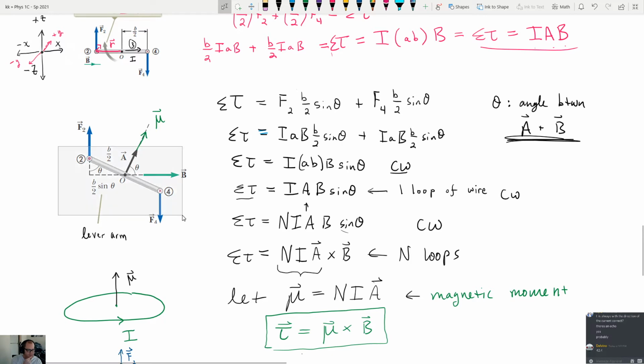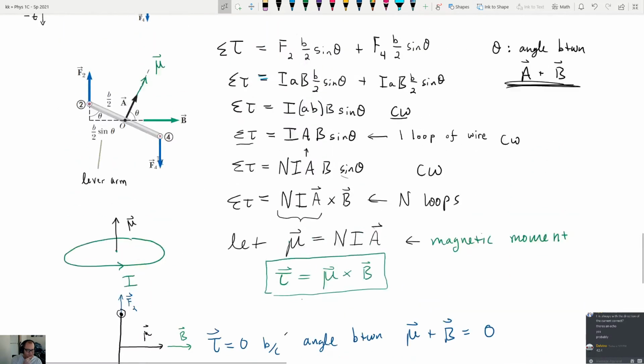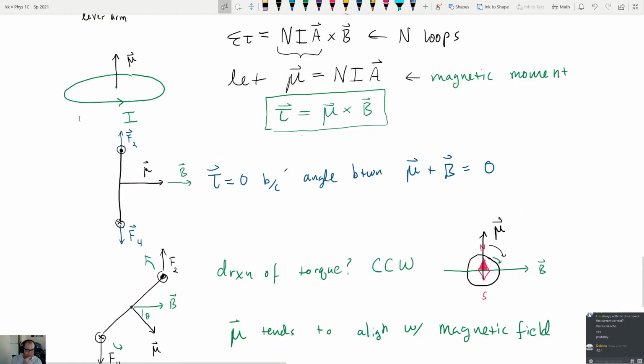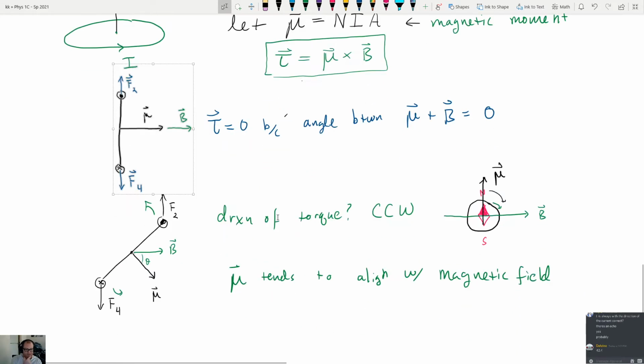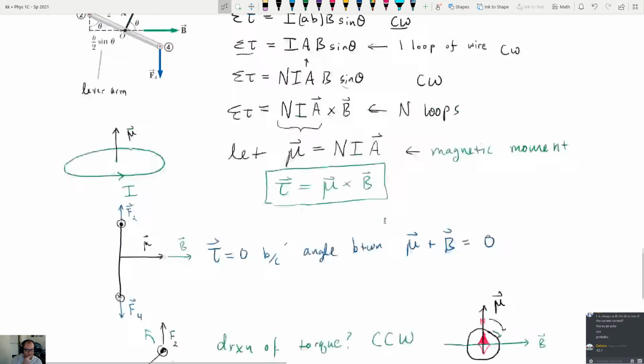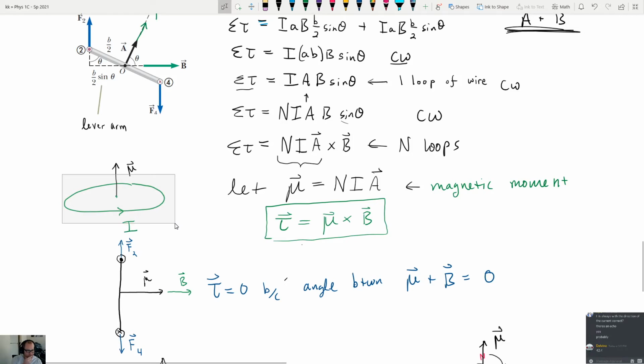It acts just like a little compass needle, and it wants to line up with the magnetic field. That's pretty amazing, right? That a compass needle and a loop of wire that carries current are quite literally the exact same things in terms of how they interact with magnetic fields? That a compass needle is the same thing as a loop of wire from a certain perspective.